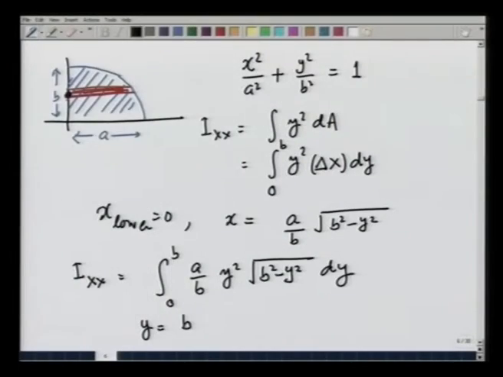To do this, we substitute y equals b sine theta.